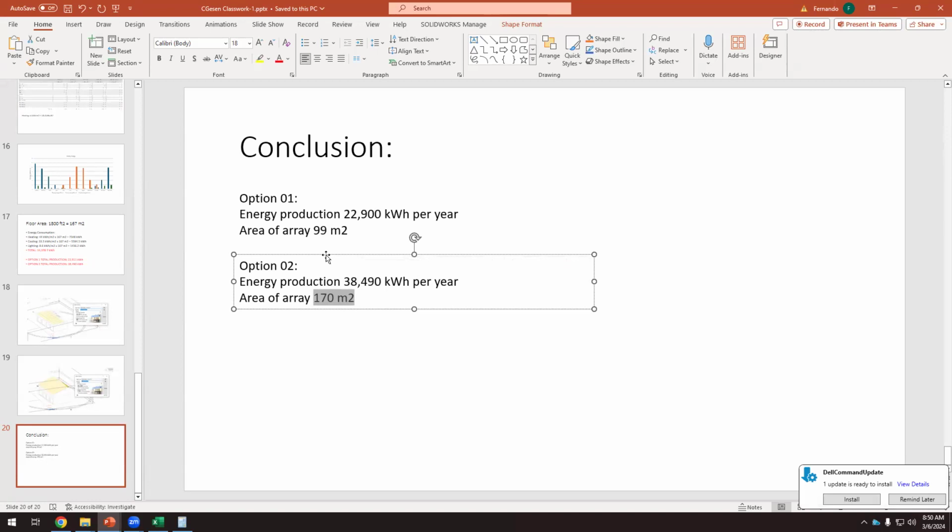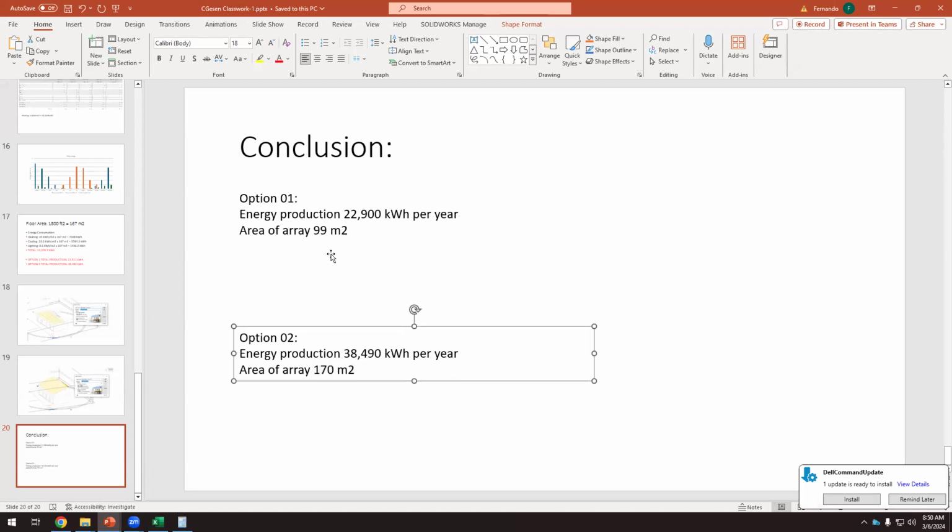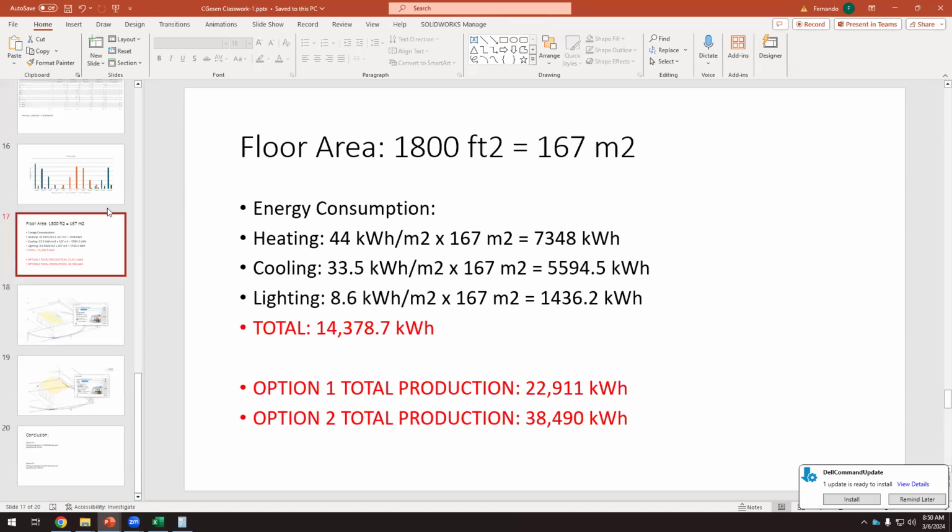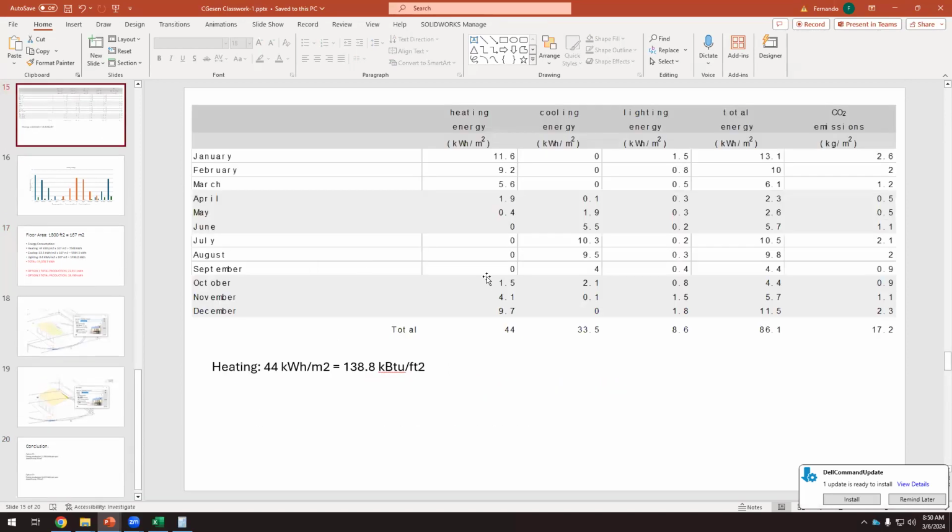Okay, so it's not up to us to make that important decision because it's about paying money upfront and then saving money in the long term. But what we can compare is the total energy. We have 86 kilowatt hours per square meter.